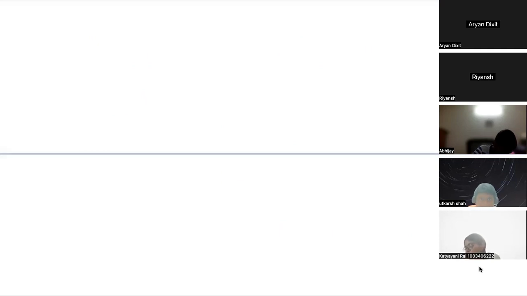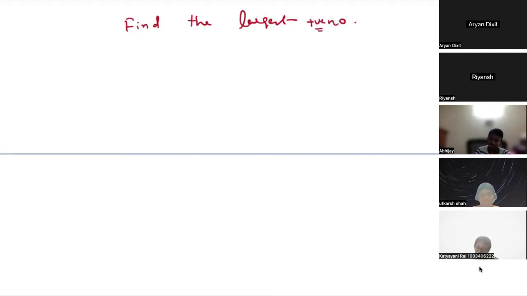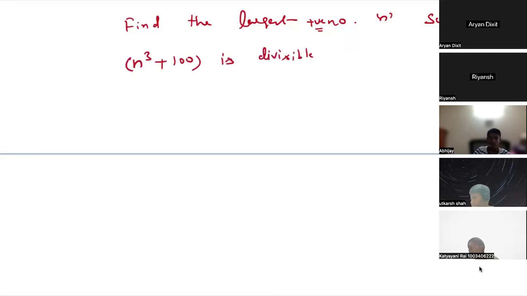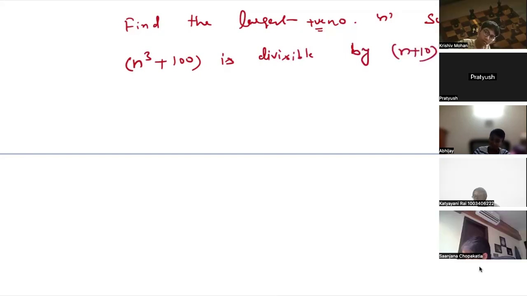If I'm giving you: find the largest positive number n such that n cube plus 100 is divisible by n plus 10. n cube plus 100 is divisible by n plus 10.